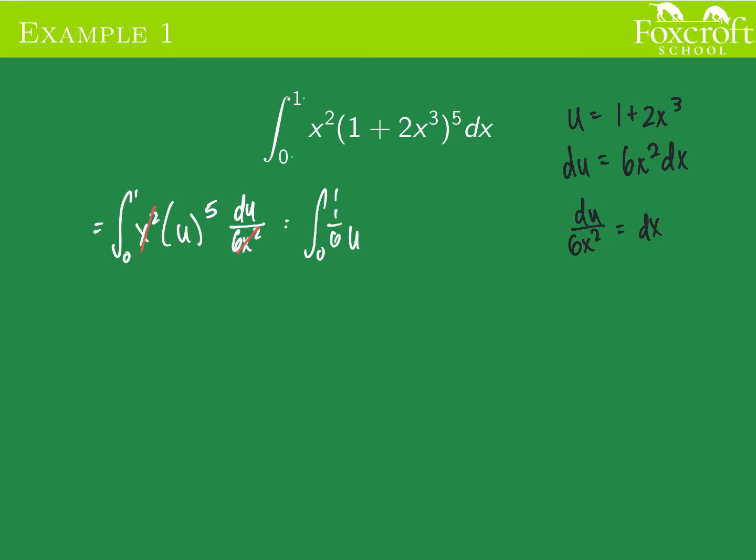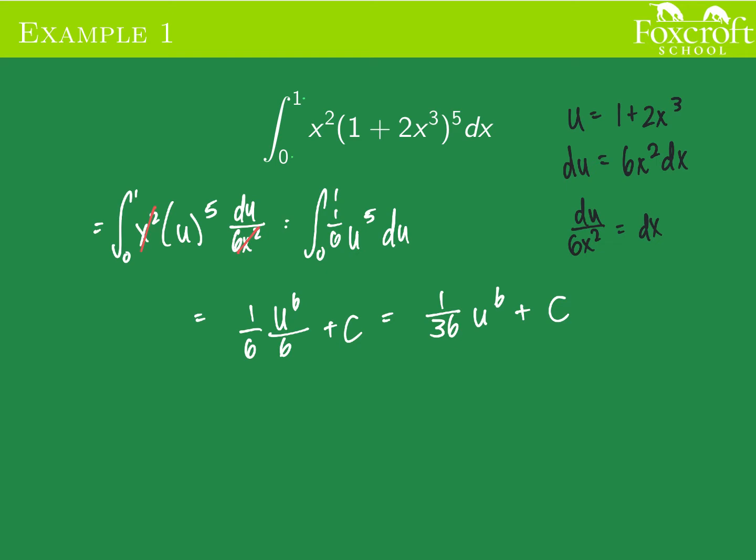Oops, 1/6. And now we can do the reverse power rule. I add 1 to the exponent, divide by the new exponent, becomes 1 over 36 u to the 6th plus c.